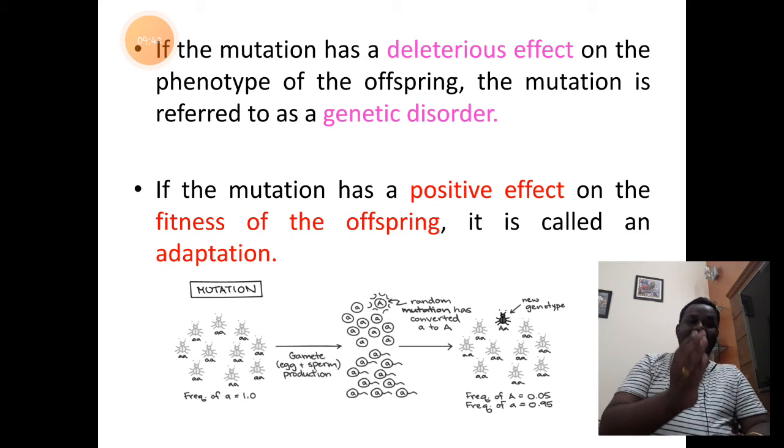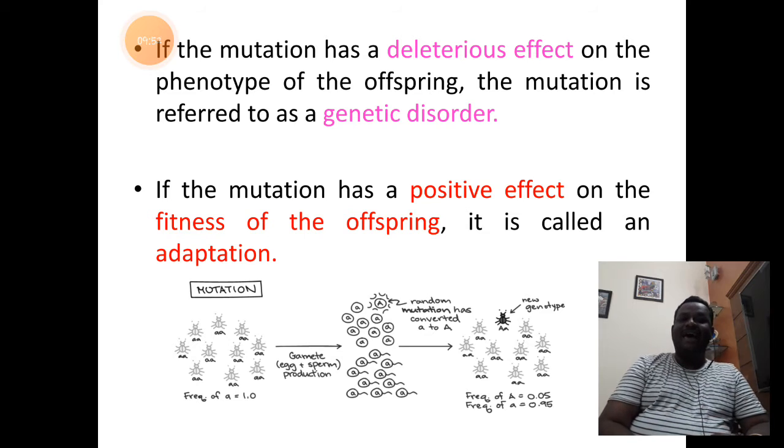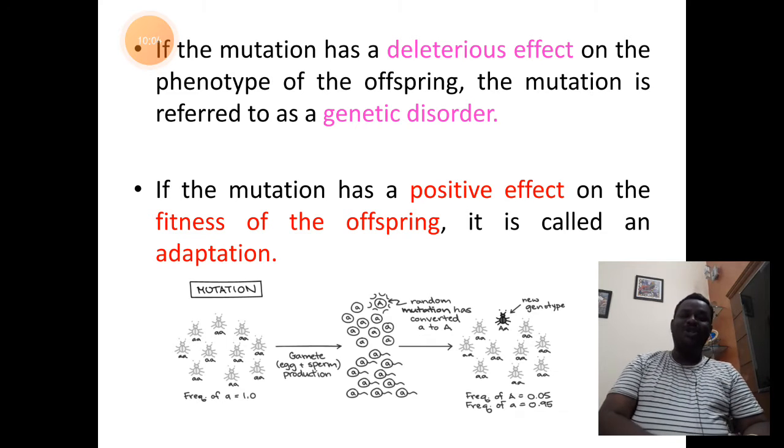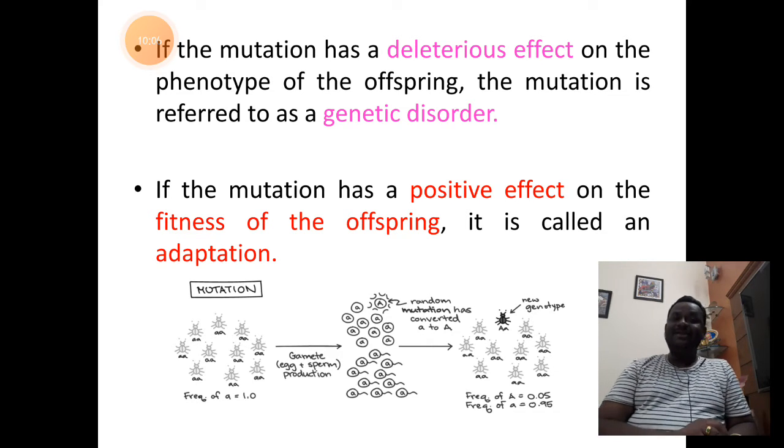When those gametes involving the mutations are involved in the process of zygote formation, that zygote will have a totally different genetic makeup compared to the rest of the offsprings, and that forms the mutant form. So it is an inheritable change that suddenly takes place in the genetic makeup of organisms.